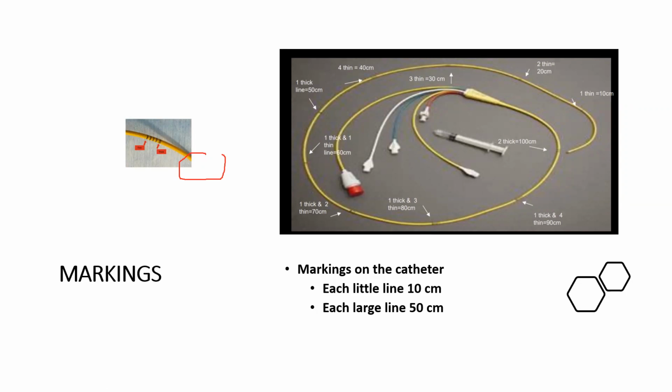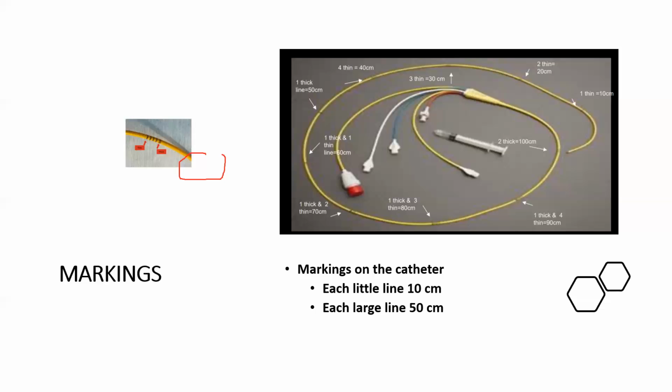So generally, whenever we insert the catheter, the right atrium is actually 10 to 15 centimeters from the subclavian vein, or maybe around 20 centimeters from the jugular vein.